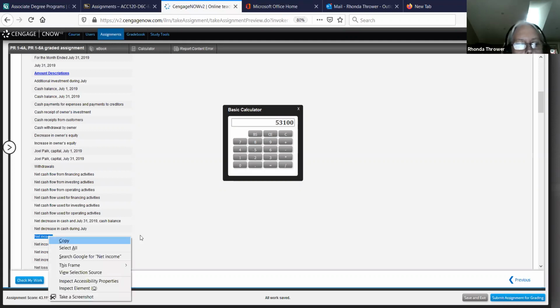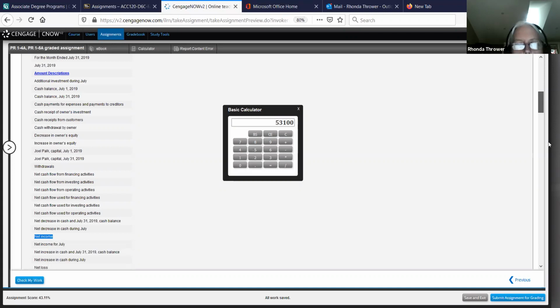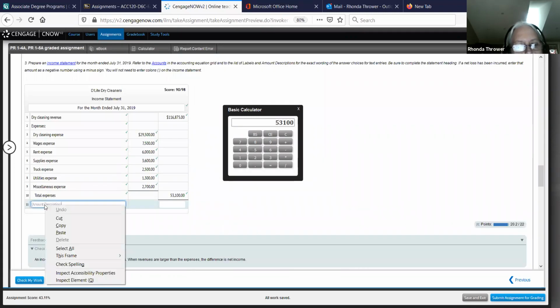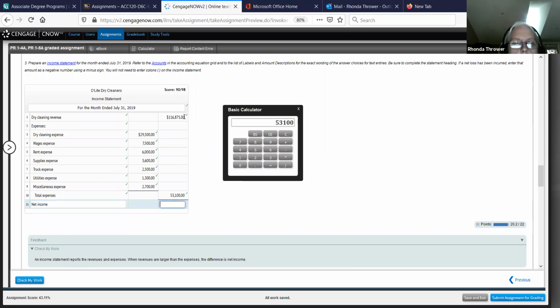And you could type that in if you wanted to. But if you copy it and paste it, you won't have any spelling errors. And then the difference between our expenses and our revenue would be the amount of our net income.